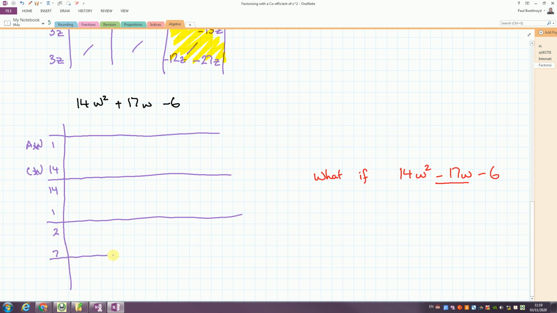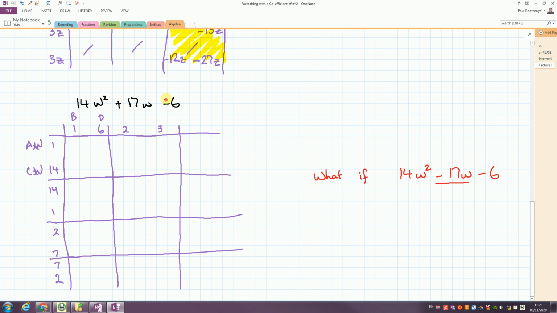One thing I've just realised is there is a nice way to optimise this. Whichever one of these has more factors, the 14 or the 6, if you use the lower one, the one with fewer factors to do the swapping round, you'll have fewer multiplications to consider. And B and D, we want 1 and 6, 2 and 3, and we don't need to worry about swapping them around.